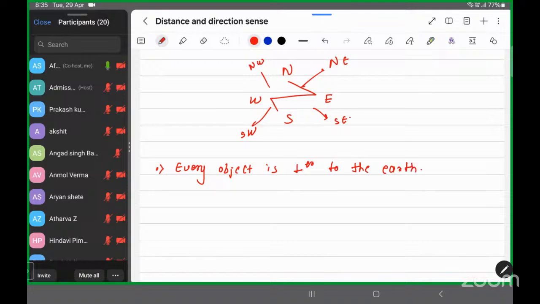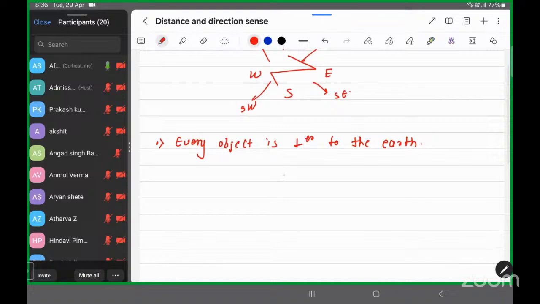And if I draw, these lines are always perpendicular like this. Just a moment. Here, NEWS, news.